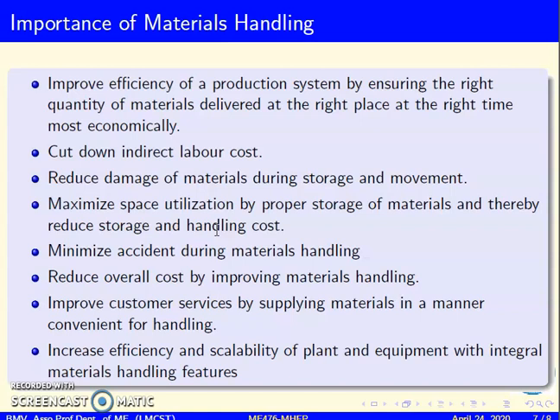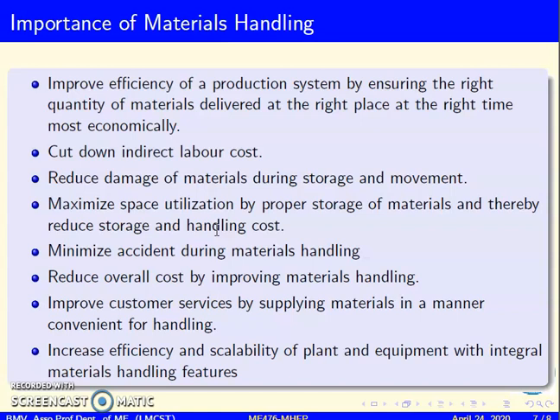From that storage location, the material in the right quantity is taken and again transported to the processing section. The final product coming out of this manufacturing plant may go through a number of operations. It can be 10 or 20 operations.